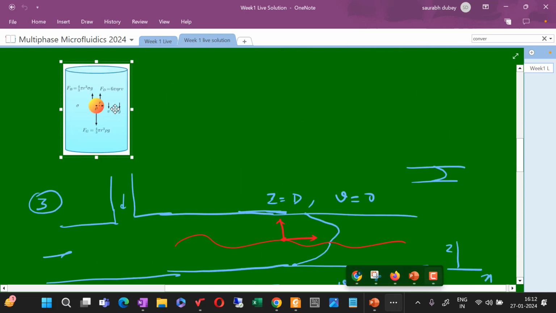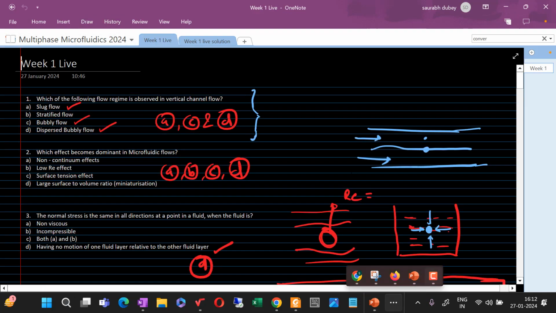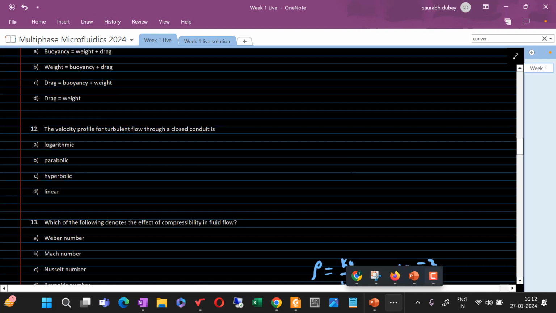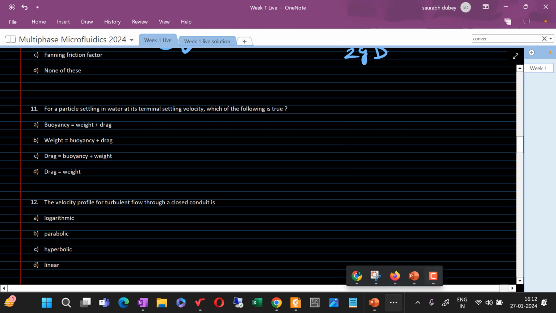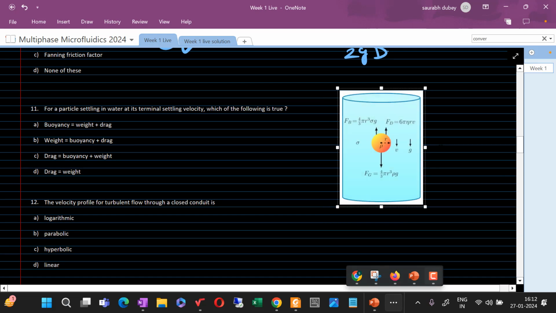I will copy this here for your reference. A particle is trying to settle down, so the gravity force is being balanced by the drag and the buoyancy force.